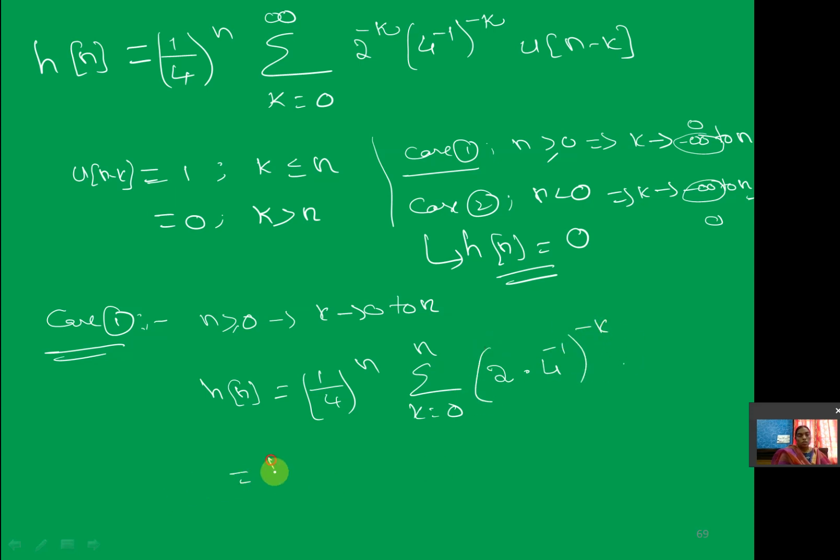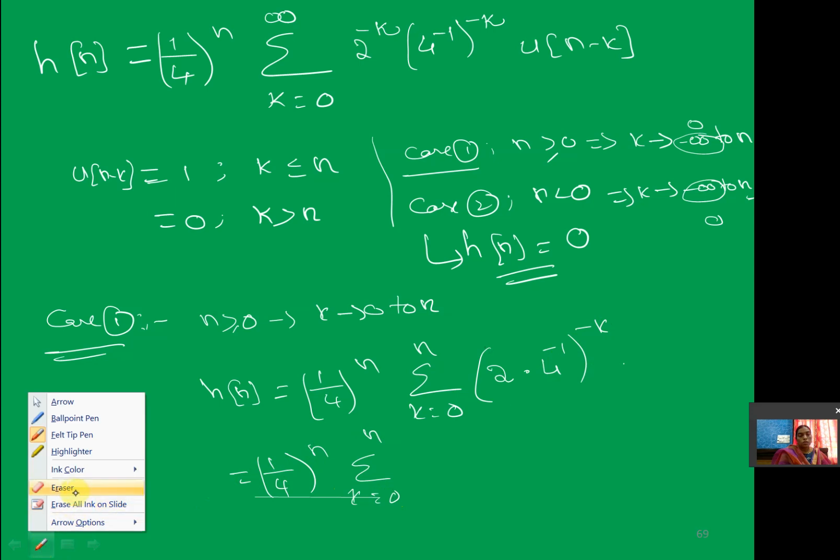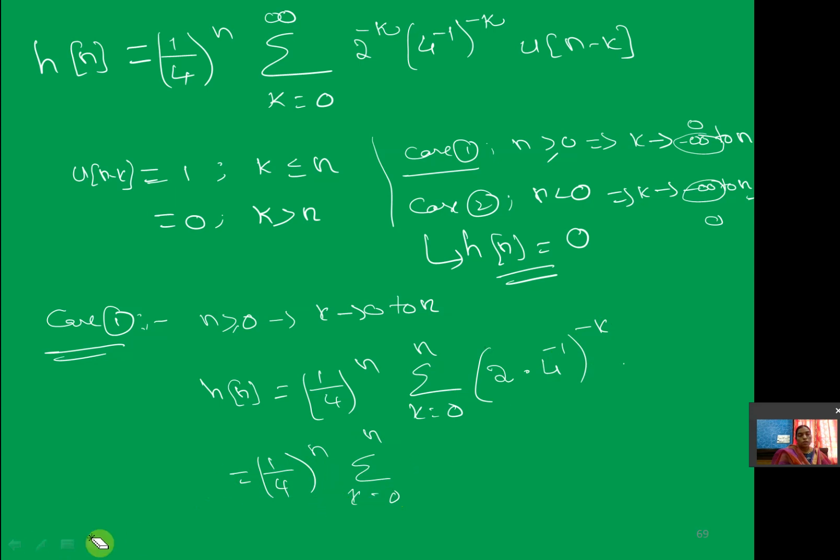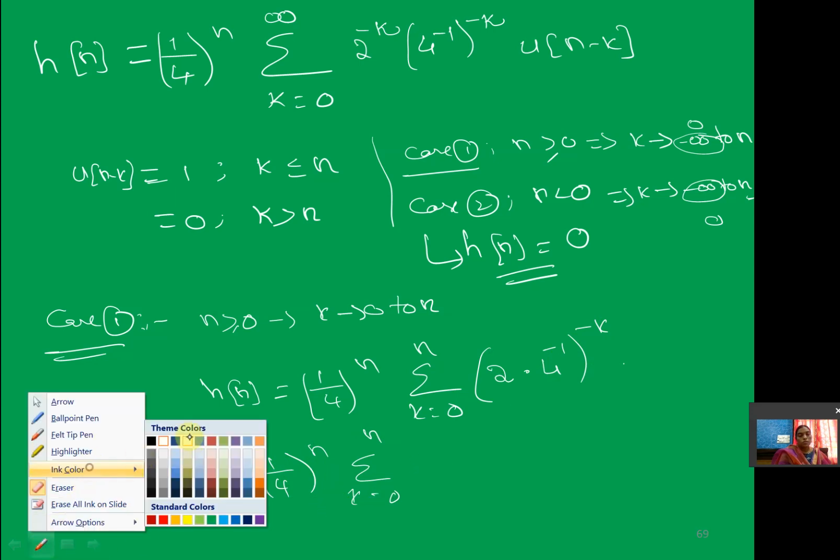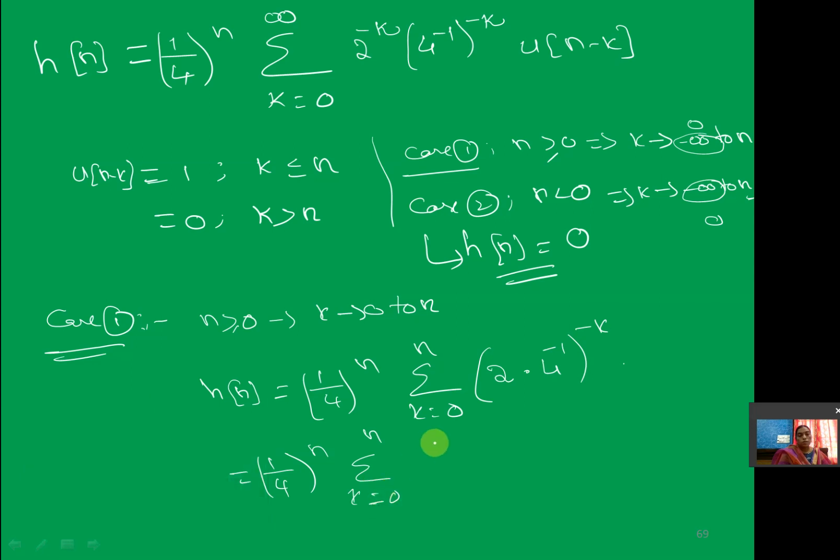Now this is equal to 1 by 4 whole power n summation, 2 by 4 is 1 by 2, that means 2 power minus 1. Am I correct? This one, 2 power minus 1 power minus k, that is 1 by 4 whole power n summation 2 power k, k 0 to n.